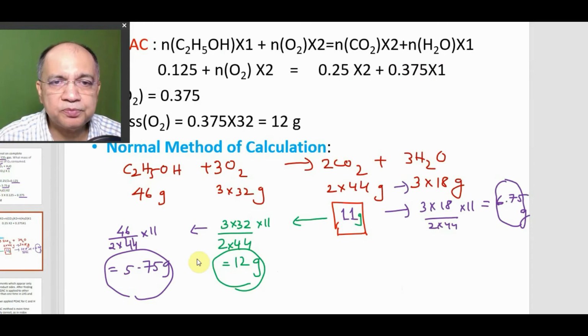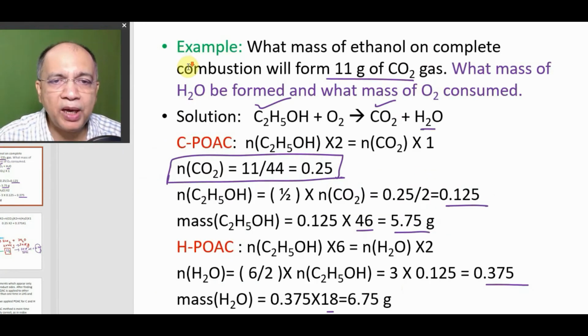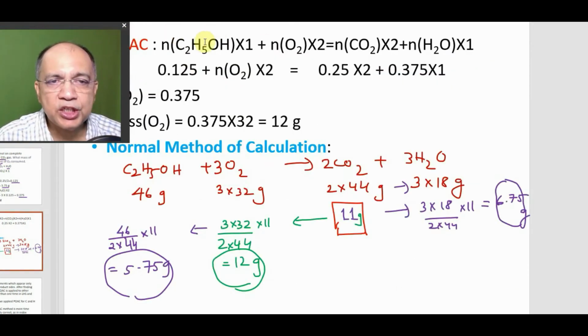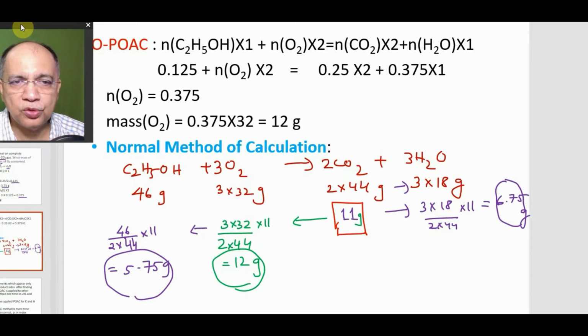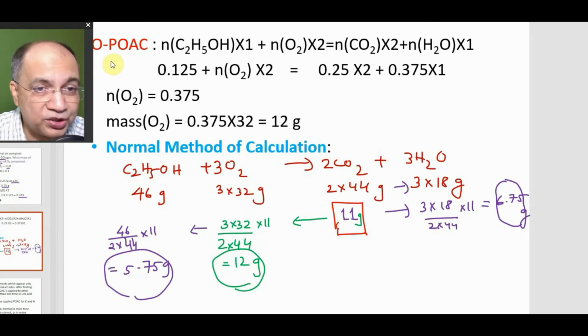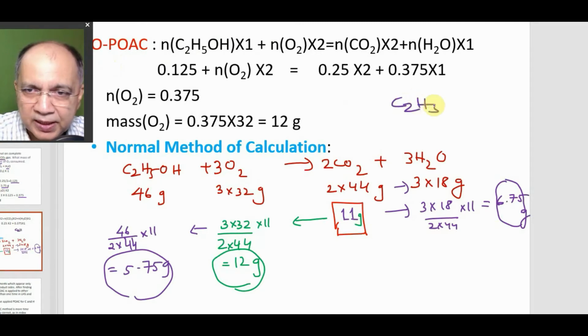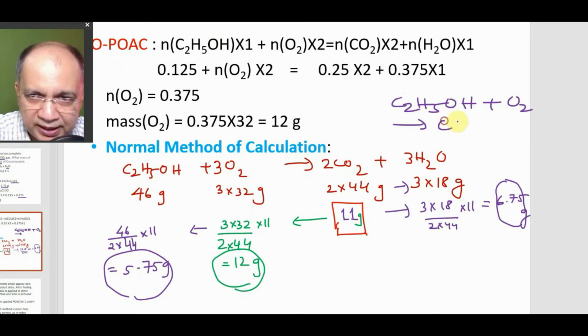And again we have to apply POAC to oxygen. Oxygen is present in more than one substance. On the left side both ethanol and oxygen, and on the right side both carbon dioxide and water.